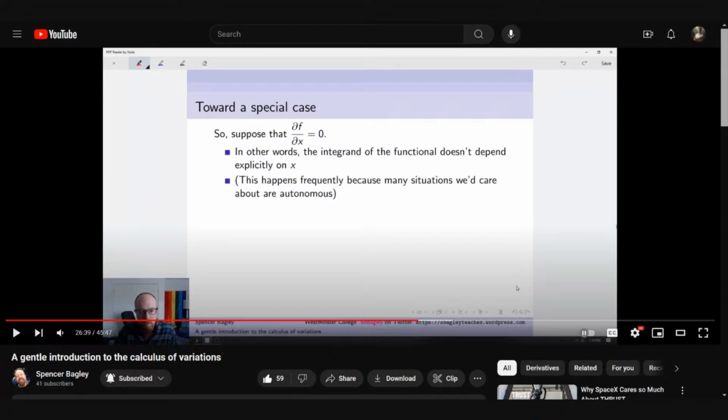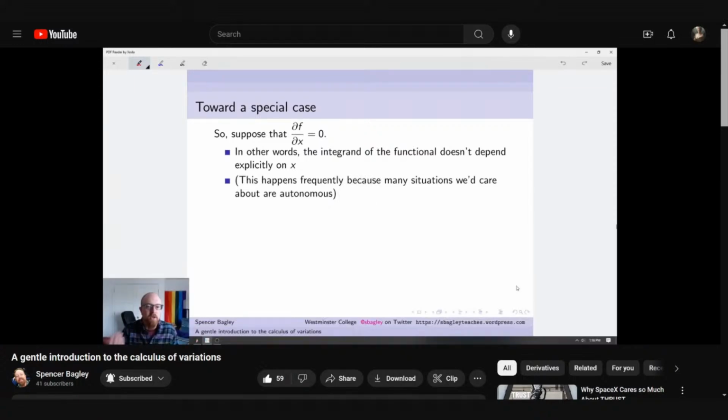In other words, the integrand of the functional doesn't depend explicitly on x, but that's not f. So as long as the integrand of the functional doesn't depend on x explicitly, we're going to get a nice special case because this partial of f with respect to x is 0.